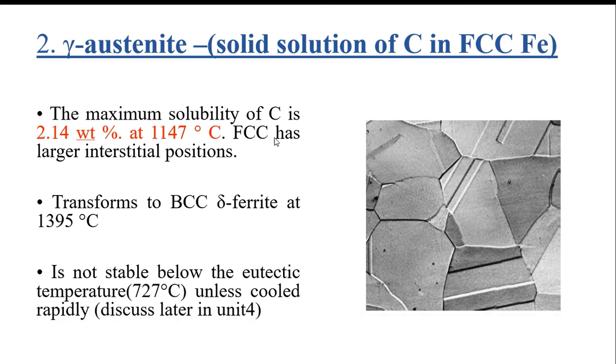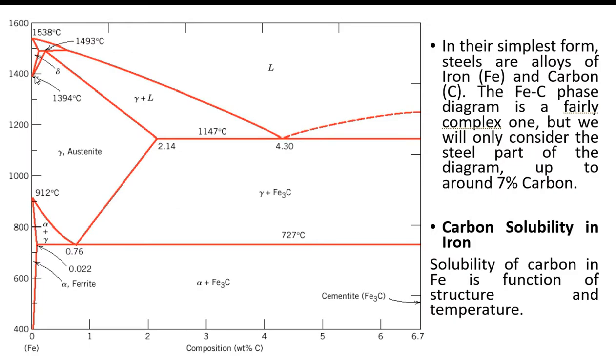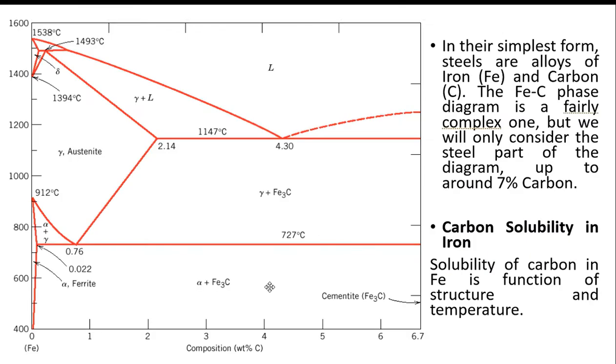FCC has the largest interstitial position; face centered, you have a higher C value. And it transforms to BCC delta ferrite at 1395 degrees, nearly like here, right? Delta will form after this temperature. It is not stable below the eutectic temperature unless cooled rapidly.